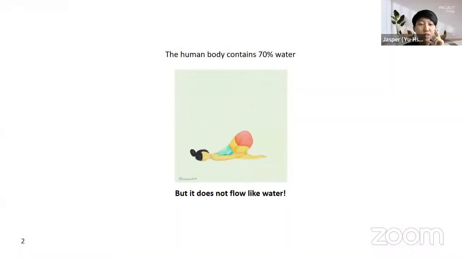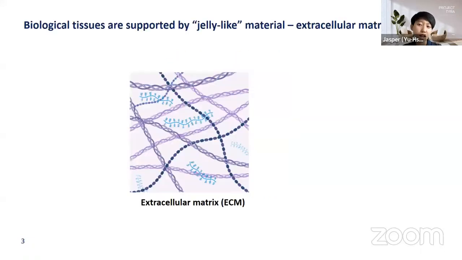To set the stage, I want to first highlight that we know that the human body contains 70% water, but if you pinch yourself, your skin or your muscle does not flow like water. This is because there's an extracellular matrix, a jelly-like material that holds our cells and tissue together in 3D structures.